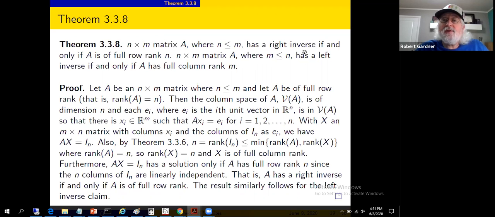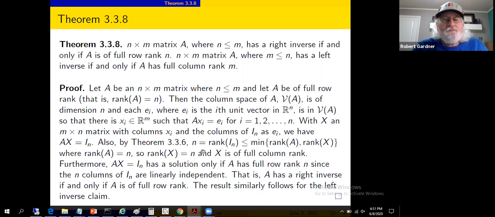If A has a right inverse, then A must be full rank. All right. If we had this AX equals I sub n, certainly the rank of I sub n is n. It's an identity matrix. It's got n pivots, if you want to think linear algebra wise. For us, its column space is all of Rn. So its rank is n, no matter how you slice it.